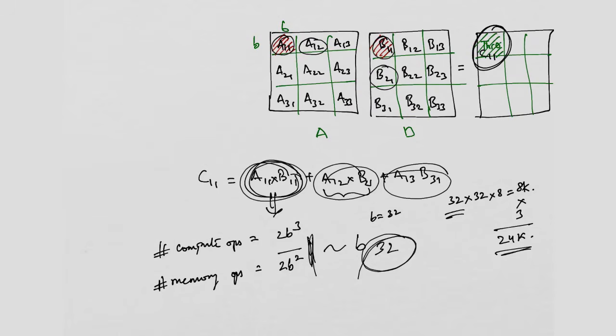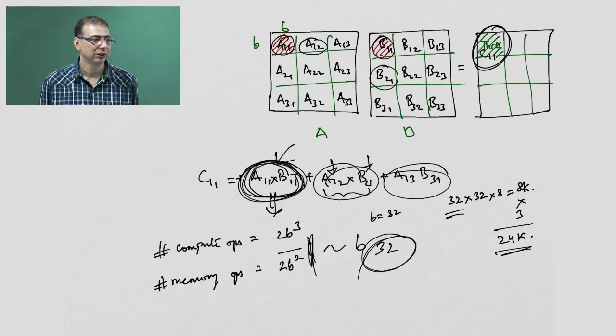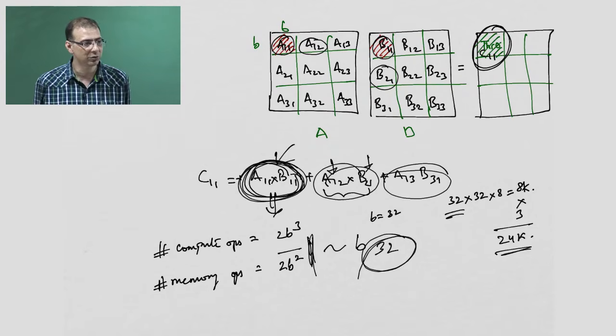So typically, how do you write these codes? We are not going to go that far, but how do you optimize this even further? What you do is that while the processor is computing A11, B11, it will keep issuing instructions to fetch A12 and B21 into the cache. But then you have to hold not 3 submatrices, but 5 submatrices in the cache: A11, B11, the next A12, B21, and C11.